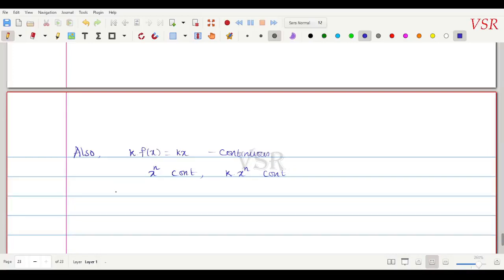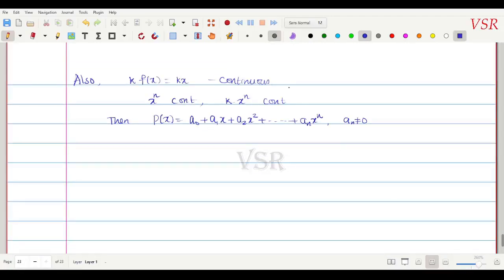Then I may write p of x equal to a0 plus a1x plus a2x square plus dot dot dot plus an x to the power n, with an not equal to 0. Then what happens is this: xn is continuous, a0 is a constant function and is continuous, x is continuous so a1x is continuous, x square is continuous so a2x square is continuous, and adding all of them gives a continuous function.